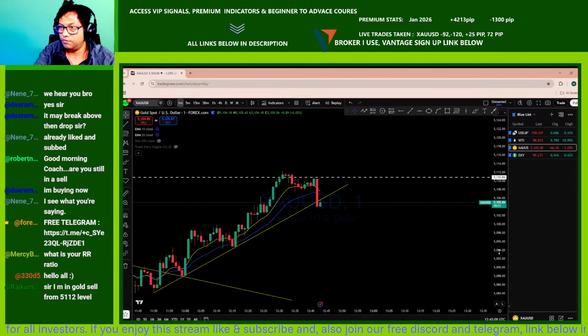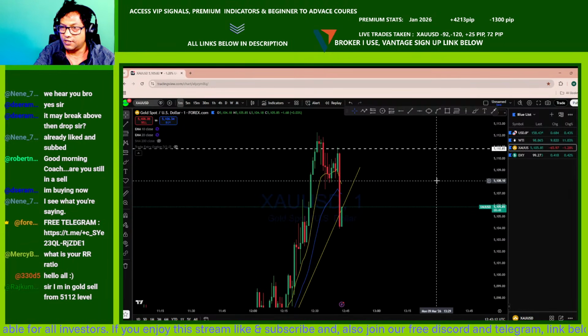And here is the 1 minute candlestick pattern closed again with a big red candle.